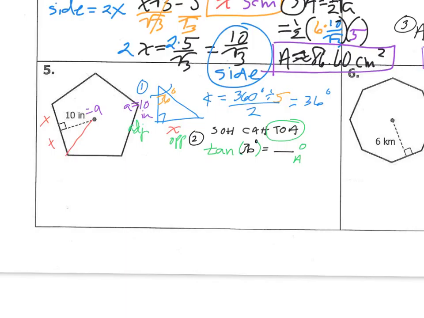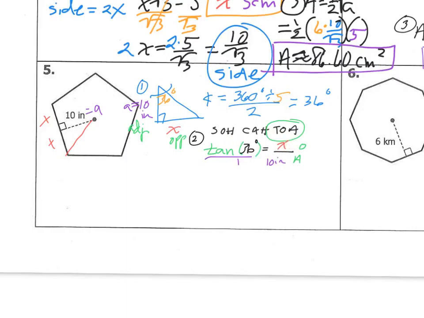So my opposite is x, and my adjacent is 10 inches. What do I do with this? We turn it into a proportion. So I'm going to put this over 1, and then I'm going to cross multiply to solve.